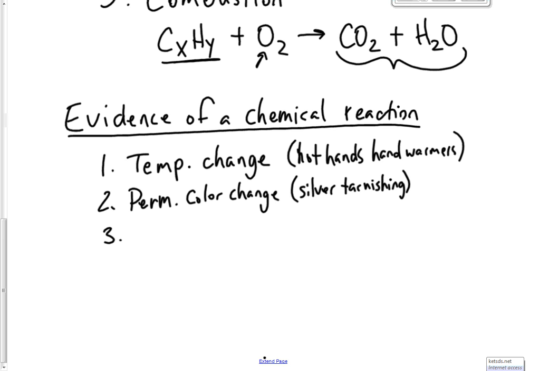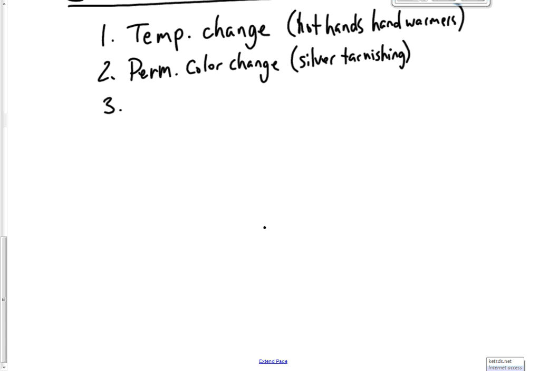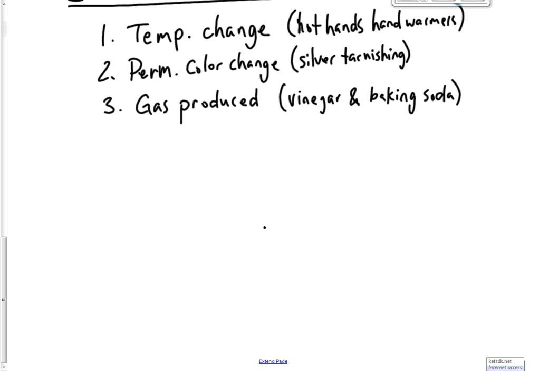Third piece of evidence, you have a gas produced. A gas is produced, so in the example of vinegar and baking soda, it bubbles up, and most people use it for volcanoes.